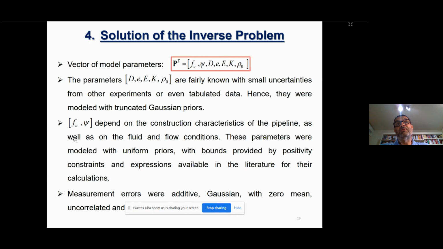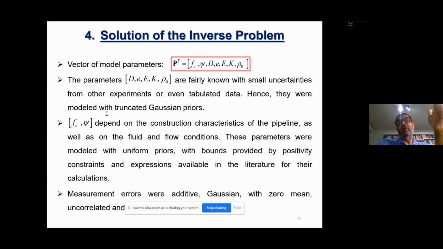However, for these two parameters, the transient friction factor and that elasticity parameter related to the pipe and how the pipe was constructed, it depends a lot on the construction characteristics and also on the fluid and the flow conditions. So these are the two parameters that are most uncertain before the measurements are taken.